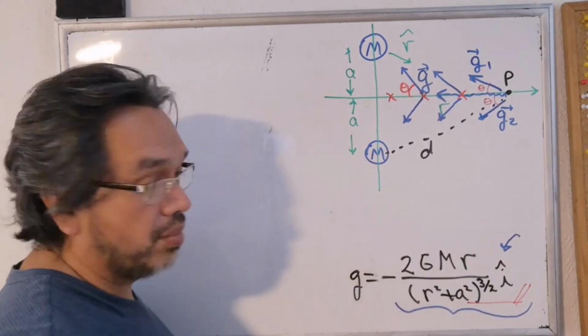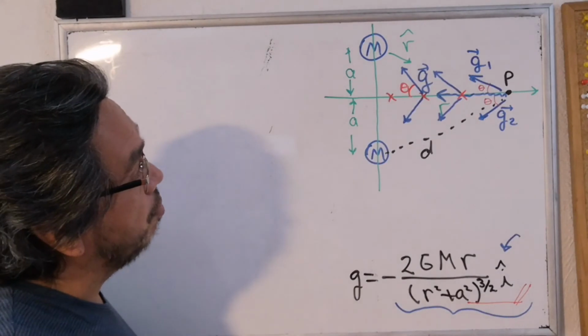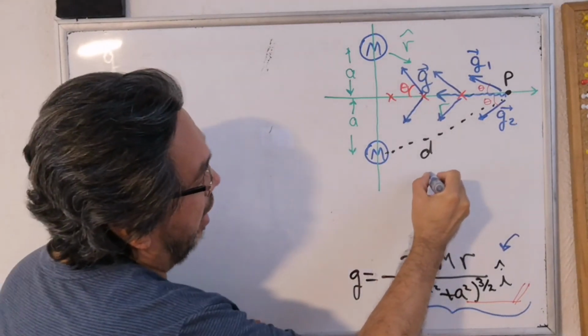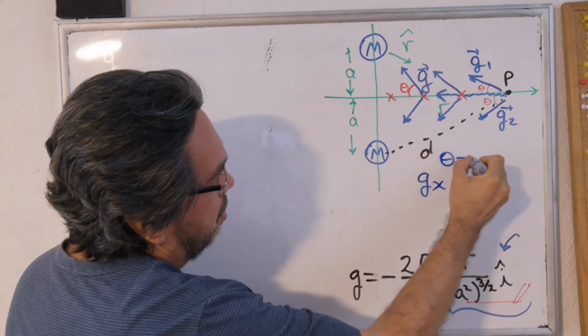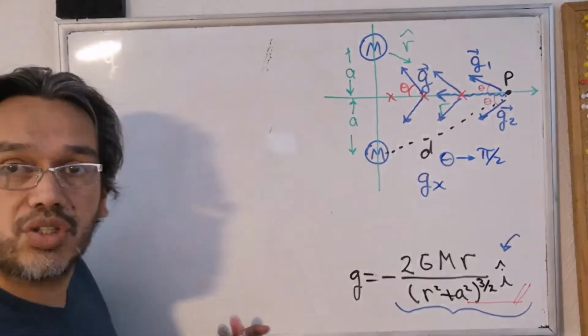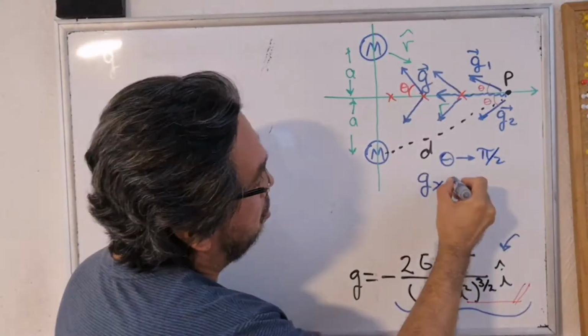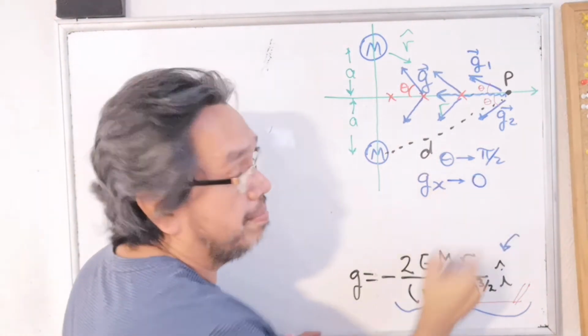Now, if you remember, the two components that you're adding are the x components. And we know that as theta approaches pi-halves, as theta approaches a right angle, then g_x, which depends on the cosine of the angle, becomes 0.